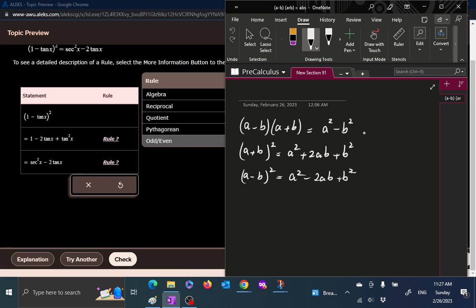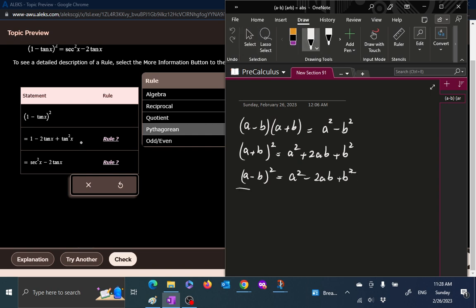A plus b quantity squared is a squared plus 2ab plus b squared, and a minus b squared, similar expression with the minus for the cross term. So which one of them was used? It was going from this expression to this one. What was used was just plain algebra.